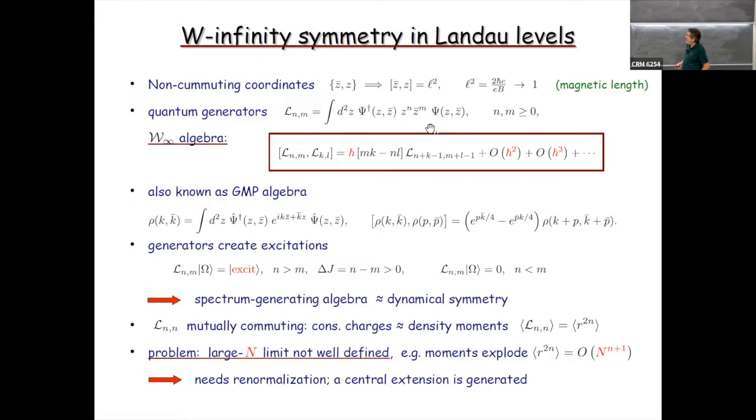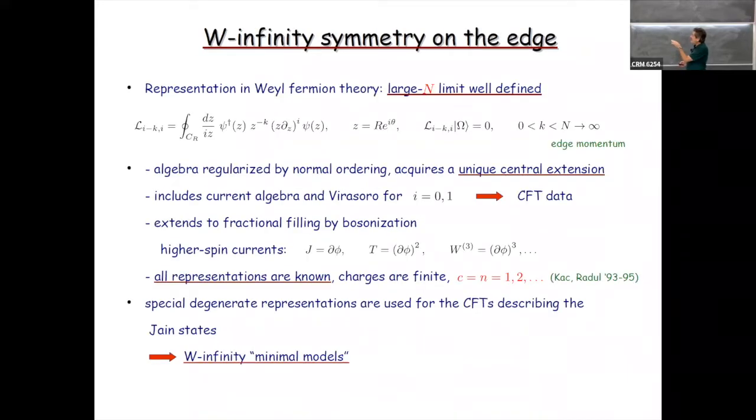Because the expectation value of powers of R grows like n, I have to take care of this. We will return to this, but it requires some normalization that, at that point in the 90s, I could not find the way to deal with. So if you work directly with the fermion on the edge, then you get rid of this R dependence, and then you proceed like in usual conformal field theory by normal ordering. You solve all the problems.